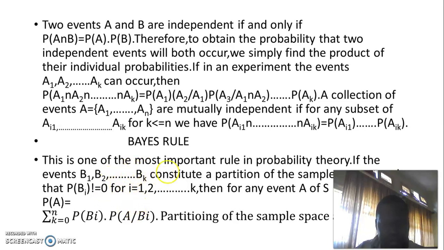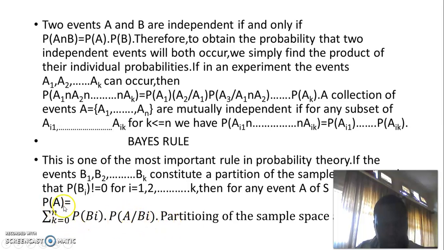If events B1, B2 up to Bk constitute a partition of the sample space S, where each of these probabilities is not equal to 0, then for any event A of S, the probability of A is equal to the sum of the probability of each of these events times the probability of A given that each of these events has occurred.